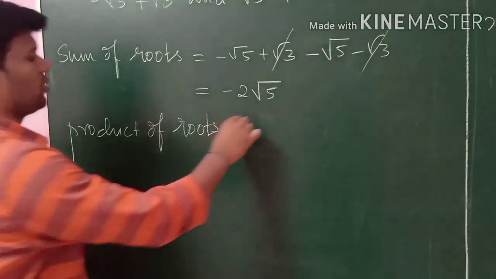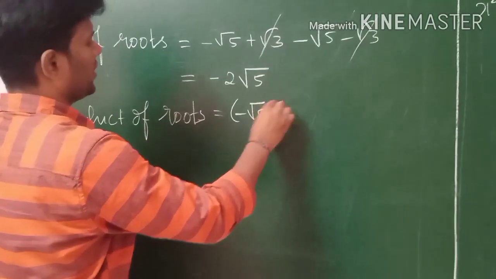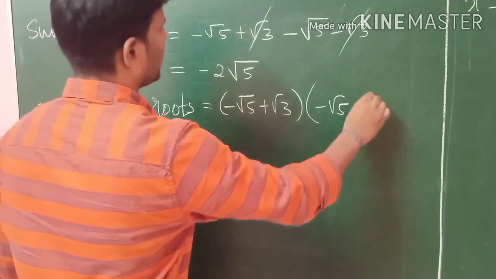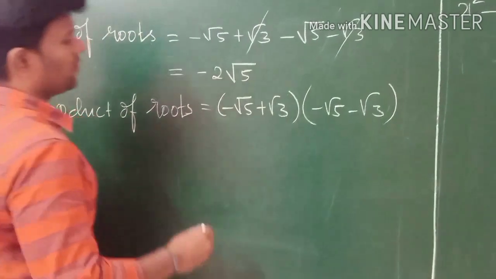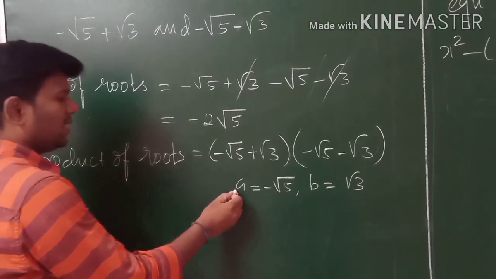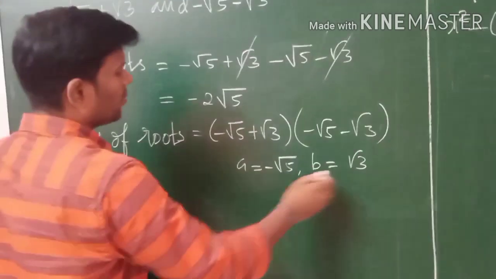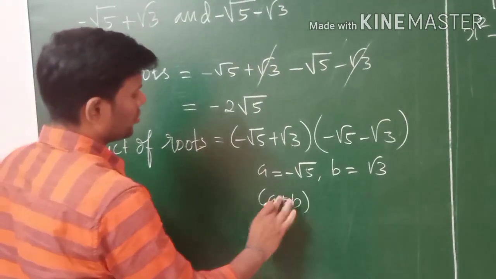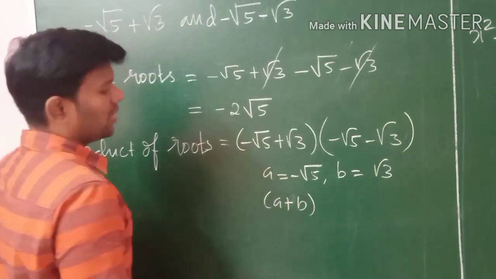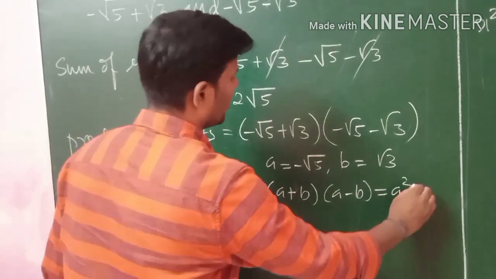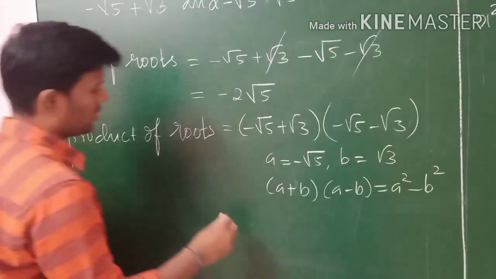And product of roots, minus square root of 5 plus square root of 3 into minus square root of 5 minus square root of 3, is in the form of what? A plus b into a minus b. Here a is minus square root of 5, b is square root of 3. A plus b into a minus b is equal to what? A square minus b square.